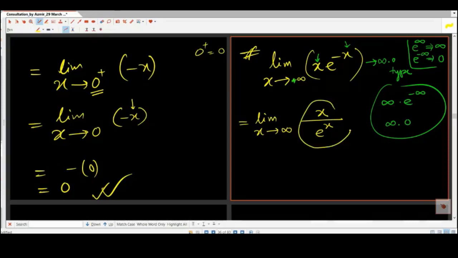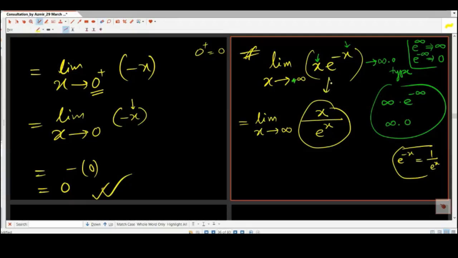So whatever I have written here, same thing is here. Just I have found the reciprocal of e to the negative x. So e to the negative x can be written as 1 over e to the x. So my target is to write this product form to the ratio form. And finally, I am successful to write this product form to the ratio form.